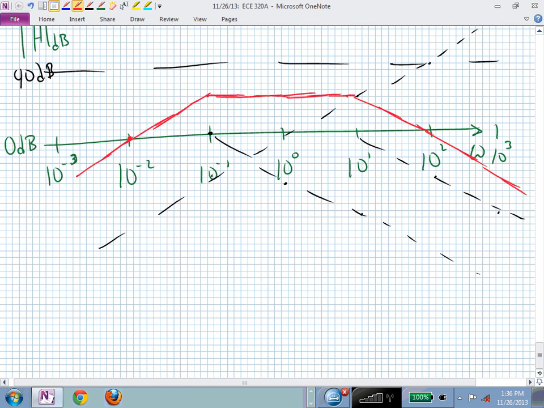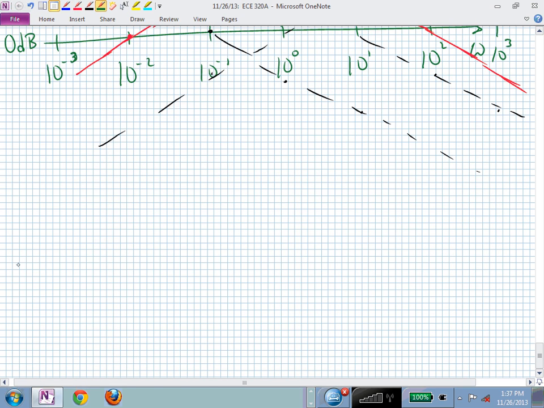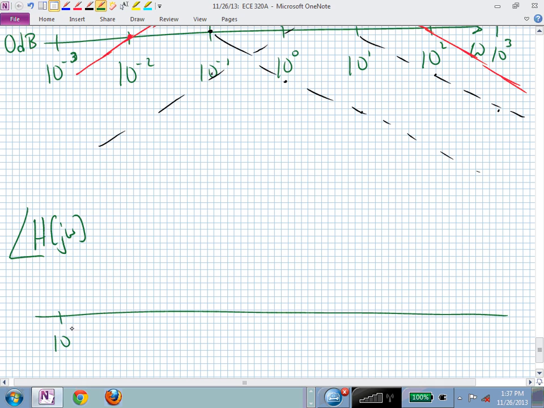What about the phase? I have the same labels, and these are all supposed to be uniformly distributed across the frequency axis.